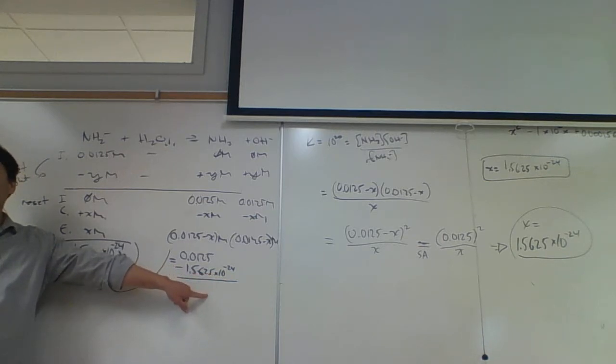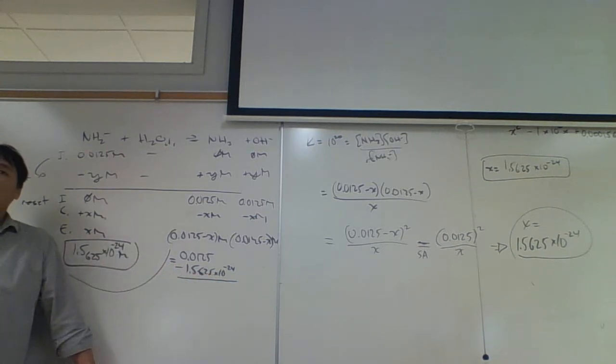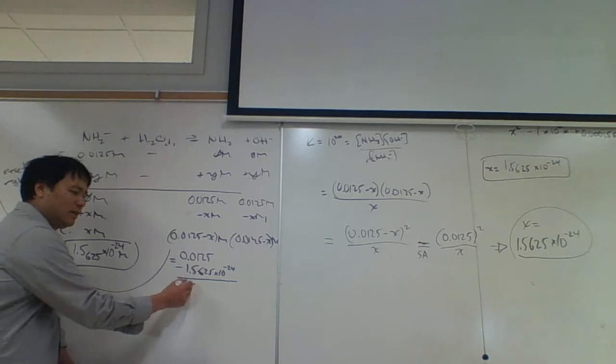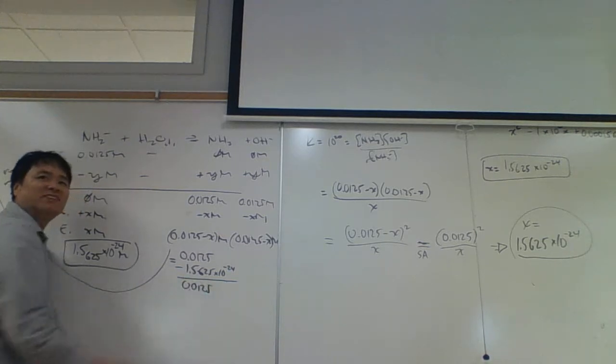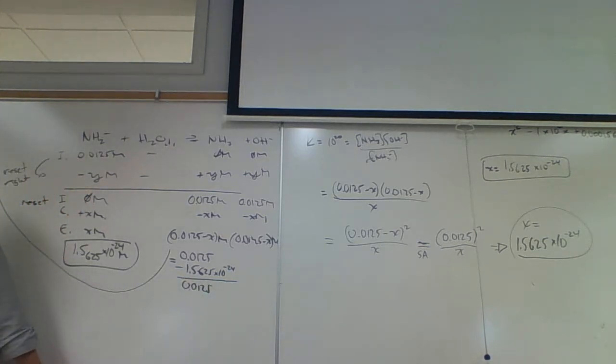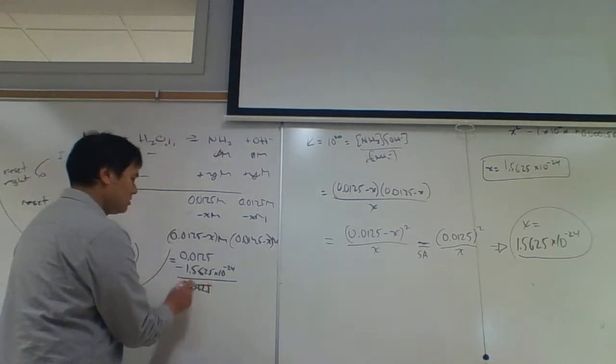Tell me what you get in your calculator. 0.0125. Could that be right? Mathematically? Or conservation of math? No, this is not the right answer. And so your calculator failed.